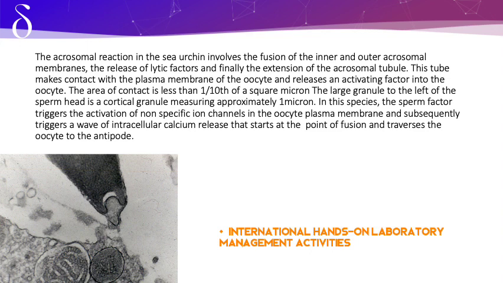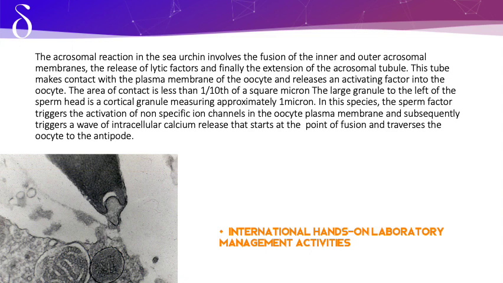So if you see on the micrograph, that's a transmission electron micrograph through the head of a sperm that's undergone the acrosome reaction, which is at the very tip. It's actually attached to the surface of the sea urchin oocyte. To get an idea of size, the contact point is about 1/10 of a micron square.